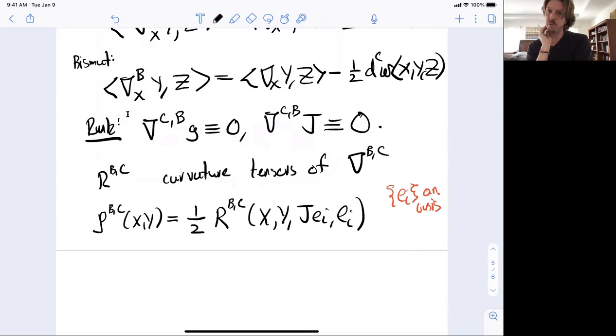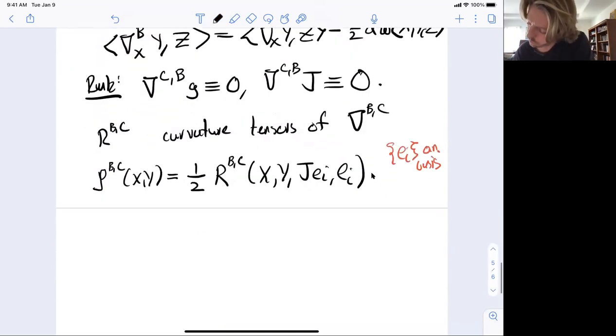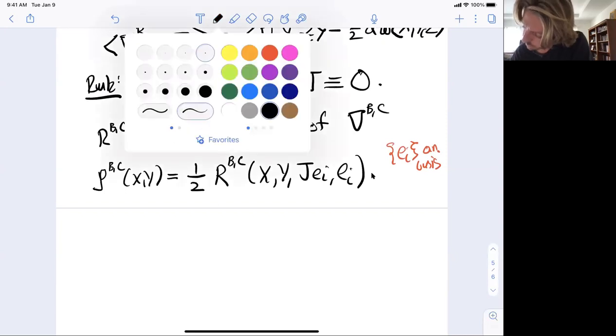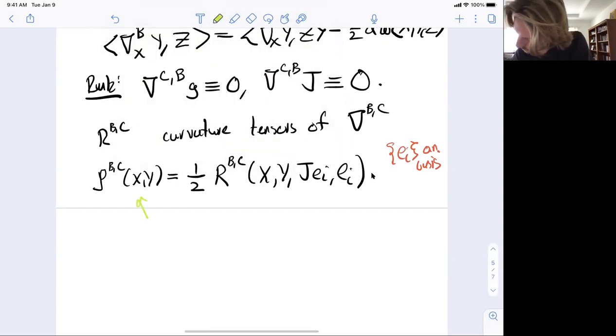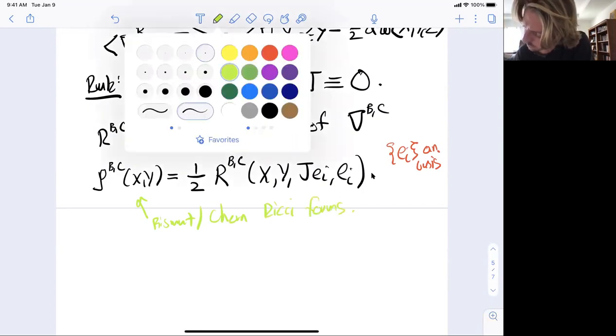You can, of course, also interpret these as the curvature of some induced connection on the canonical line bundle, if you like. So these are the Bismut or Chern Ricci forms.